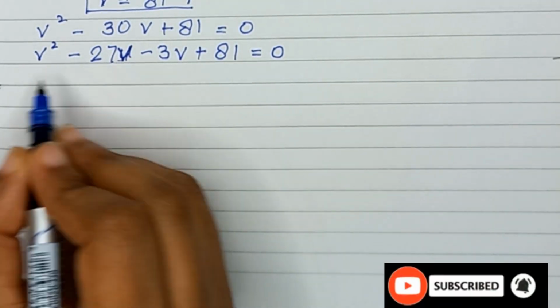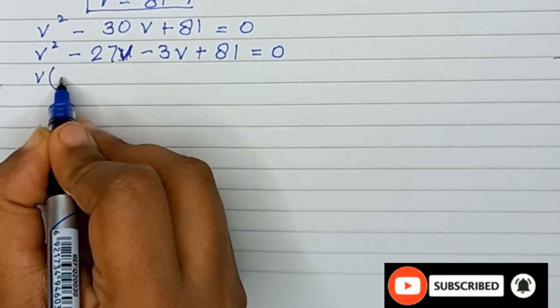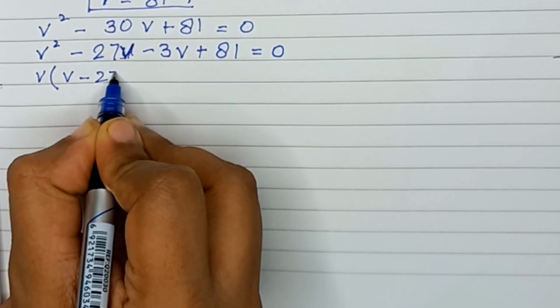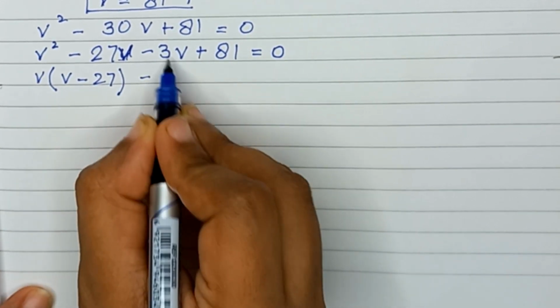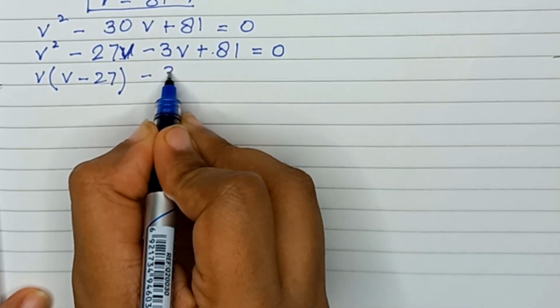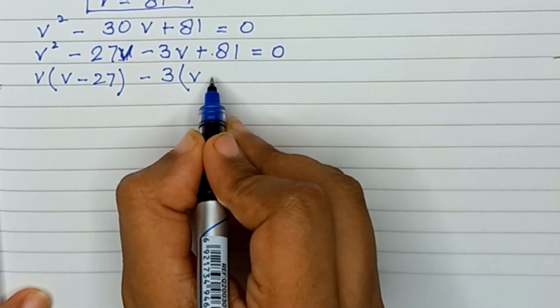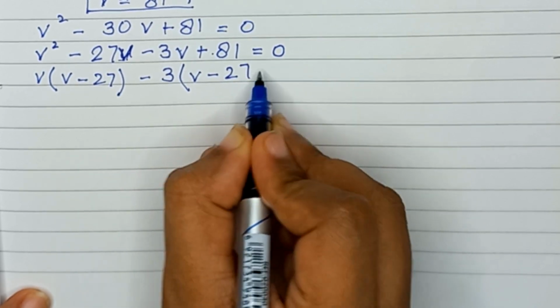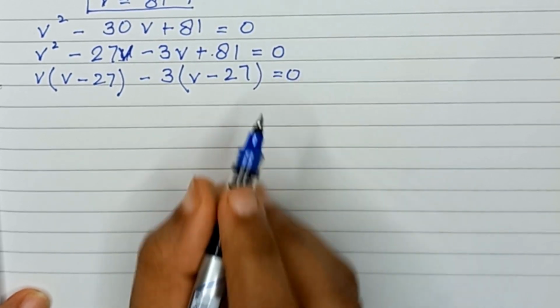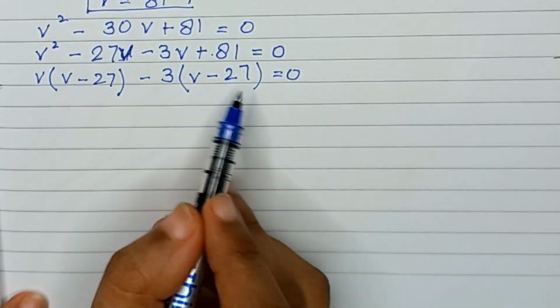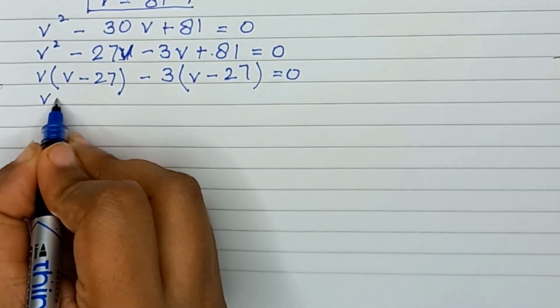From the first two terms we have v common and we have left v minus 27. In both terms we have 3 common. This divided by this will be equal to v and this divided by this will be equal to 27, which is equal to 0. Now we have v minus 27 common.